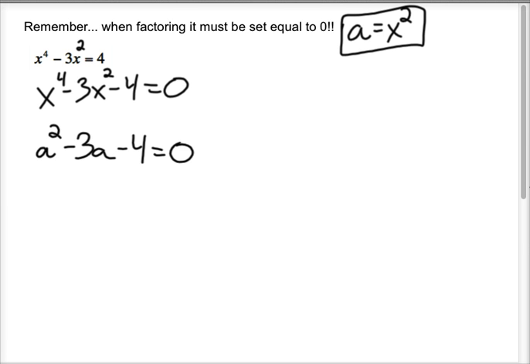All right, now we can take this. This is a quadratic trinomial that we know how to factor. This a squared gives us an a and an a. Two things that multiply to negative 4 and add to negative 3: minus 4 plus 1.